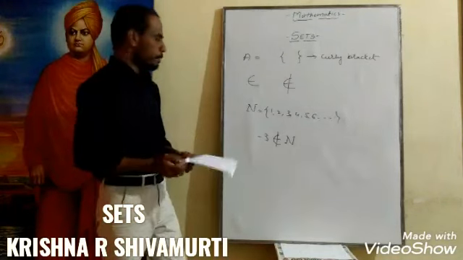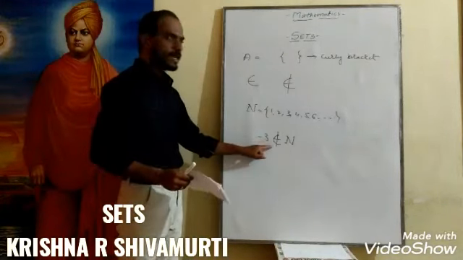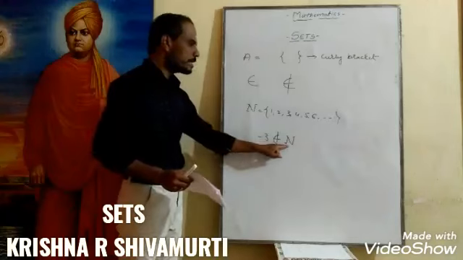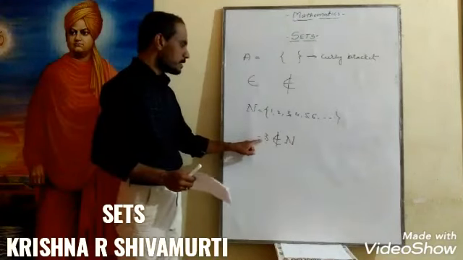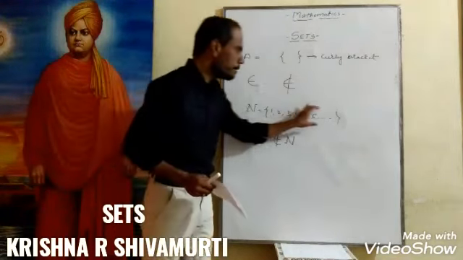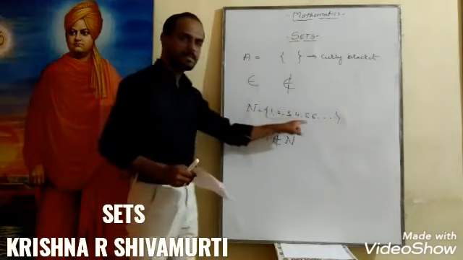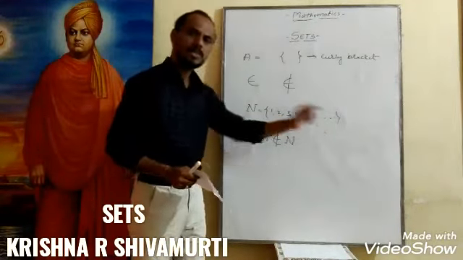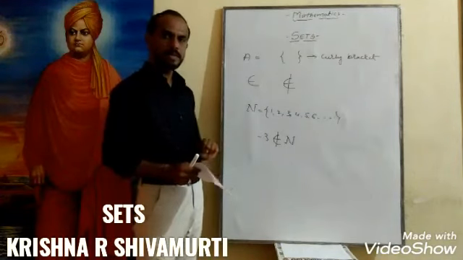How to read this? Minus 3 is not an element of the set N. It means minus 3 is not a member of this set. Check: there are only positive numbers 1, 2, 3; there is no negative integer.